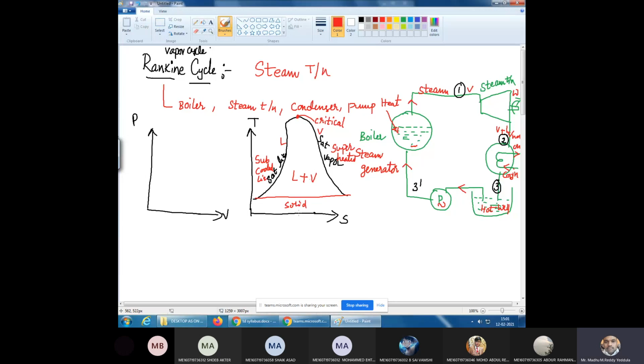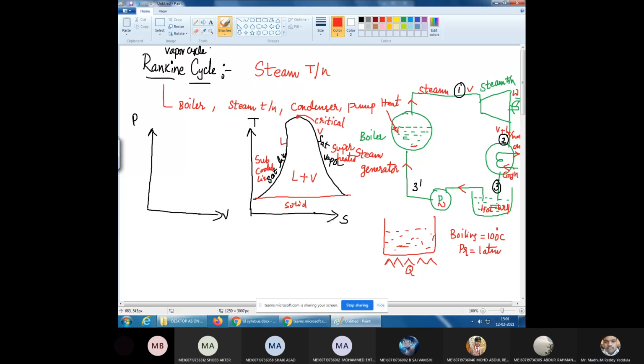And below this line, we have solid. Usually, let us consider a bowl containing some water, open to the atmosphere. If you heat the water, at what temperature does it start boiling? If it is open to the atmosphere and we are adding heat, the boiling temperature is 100 degrees centigrade. When it is open, not covered, the pressure acting on it is 1 atmosphere.